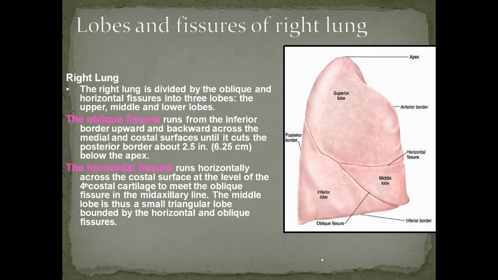The horizontal fissure runs horizontally across the costal surface at the level of the fourth costal cartilage to meet the oblique fissure in the mid-axillary line. The middle lobe is thus a small triangular lobe bounded by the horizontal and oblique fissures.